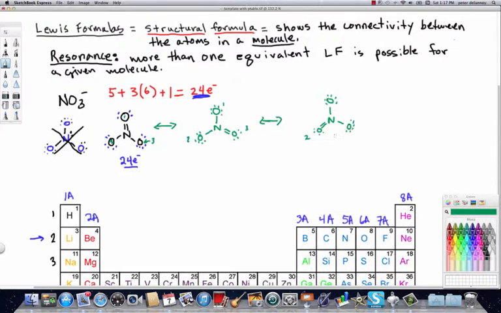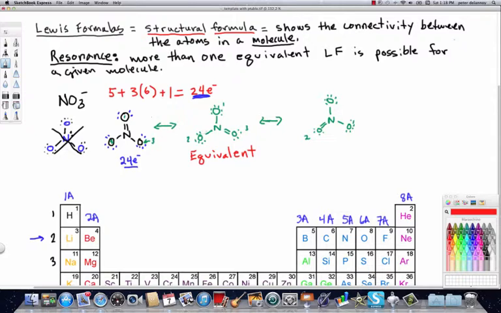You can see when you compare all 3 structures that they are the same molecule except for where the double bond is positioned. That word equivalent has to do with the fact that these structures are essentially identical except for the position of the double bond in the molecule.